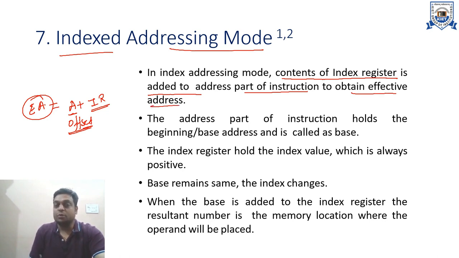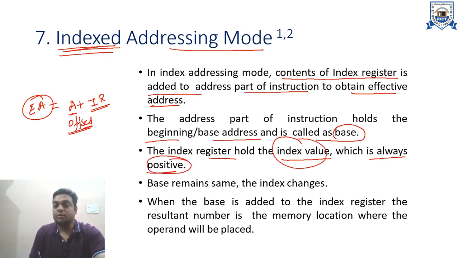The address part of instruction holds the beginning or the base address, called the base. The index register holds the index value which is always positive. Now see, in case of index register, the value held by the index register will always be positive.